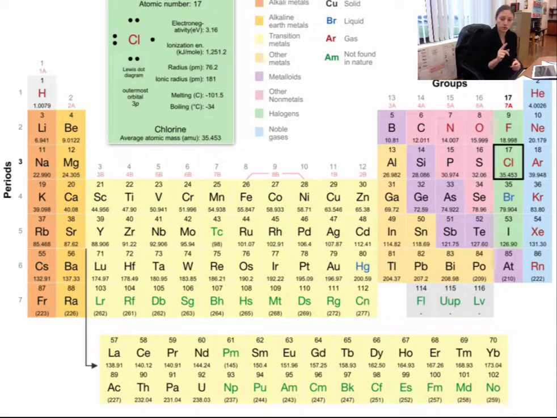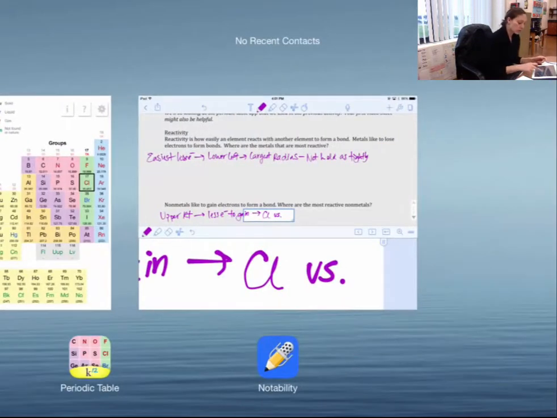The opposite then goes with size. Fluorine is actually way more reactive than iodine. The larger ones are harder to interact with things because the nuclei are going to be further apart. So fluorine, which wants to gain somebody else's electron, is very tight, very small. It can very easily interact with another element. But iodine, being much larger, trying to gain an electron, is going to be a lot harder to interact with an element.